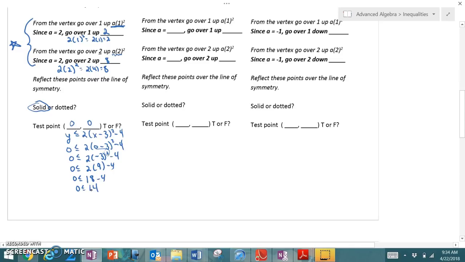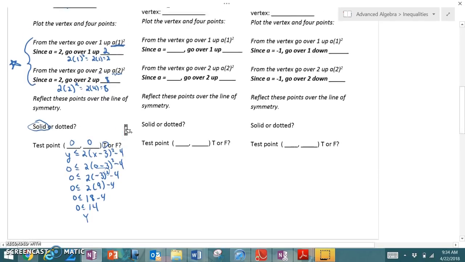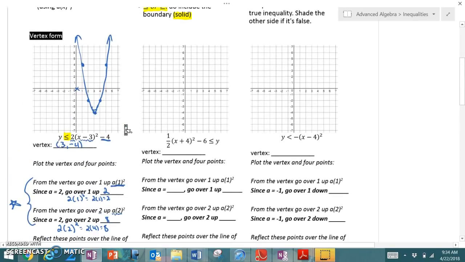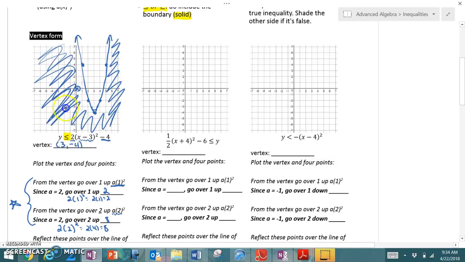And I ask myself, is 0 less than 14? And yes, it is, which means it's true. Okay, and again, I usually use yes or no instead of true or false. So yes, it is, which means, now that I go back to the graph, this point is in fact a solution to this problem, which means that everything on that side, which actually means everything on the outside of the parabola, is a solution.